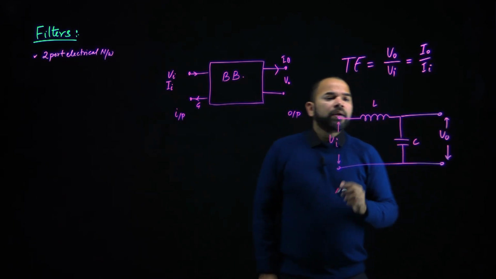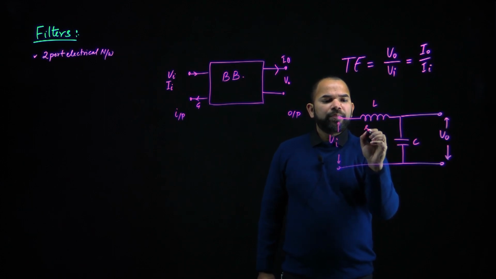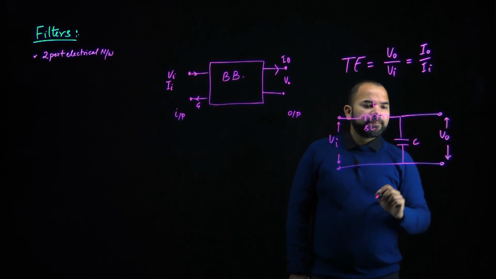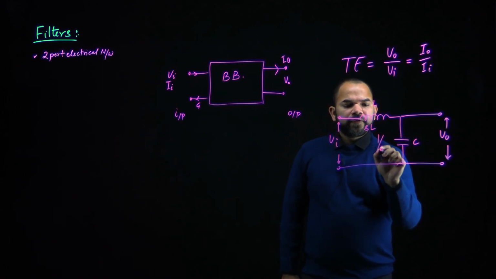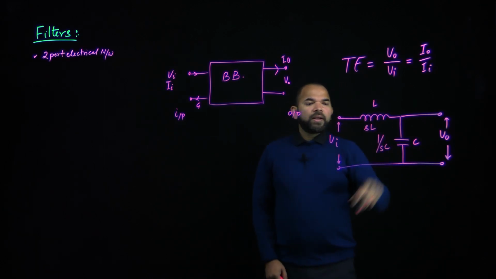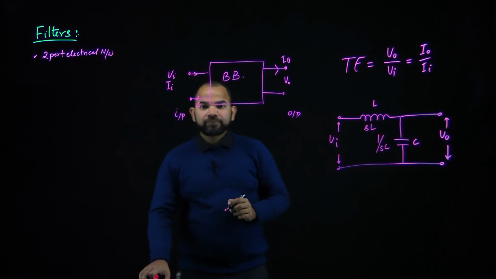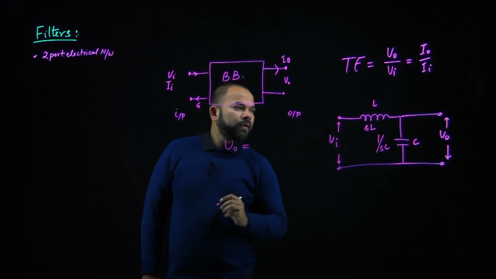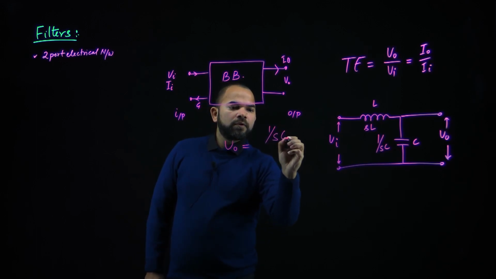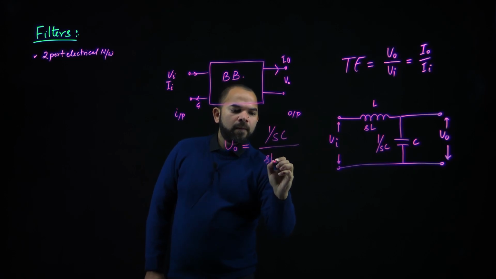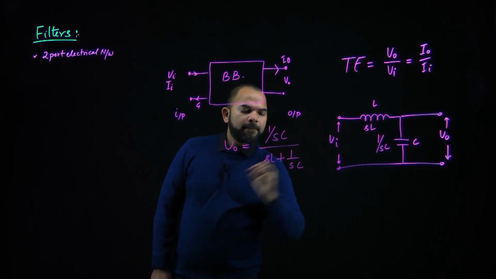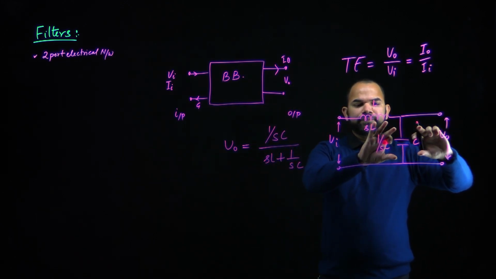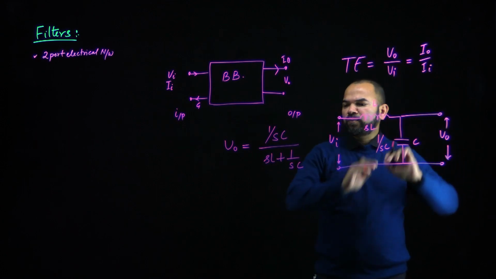the frequency domain. So this impedance, in frequency domain, we can relate with the quantity S. This is complex frequency, and this impedance we can say 1 over SC. If we apply the KVL, we can see output voltage is equal to, so it's really simple, this impedance divided by the sum of all impedance.